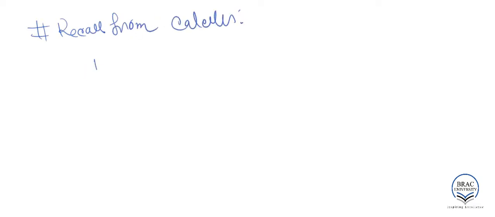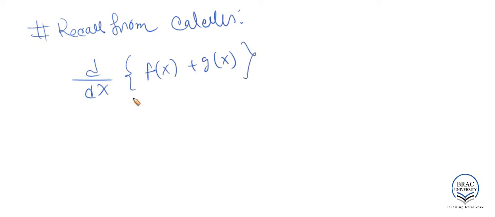Okay. If you recall from calculus, the derivative operator was a linear operator as well. Because if you had two functions added together, with some arbitrary constants a1 and a2, then you could write it as a1 df/dx plus a2 dg/dx.